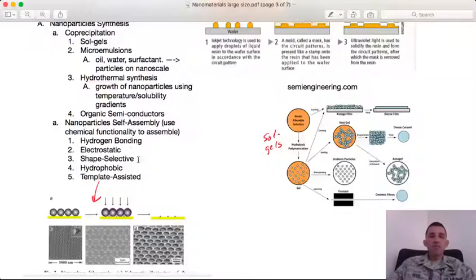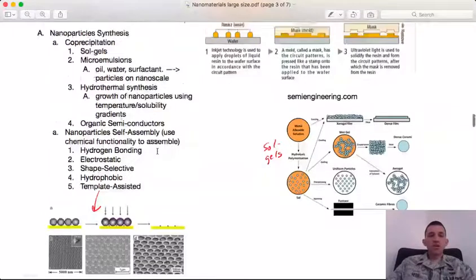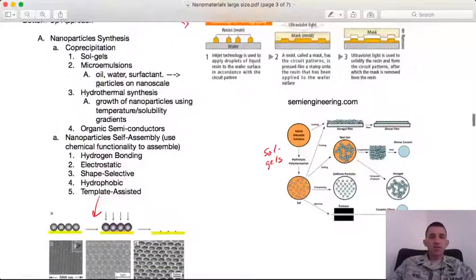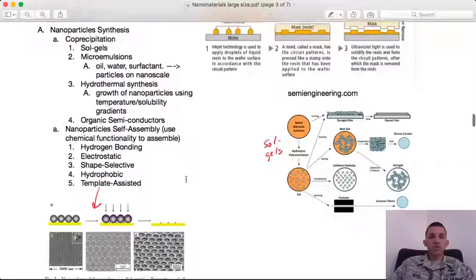The shape of the particle can be like a puzzle piece, so they fit together just one way, right? That can lead them to self-assemble. You can make use of hydrophobic, so water-fearing, or hydrophilic, water-loving regions, and this gets into the same idea we talked about with a surfactant, where you can use those properties to get them to align with one another or form groups, right?